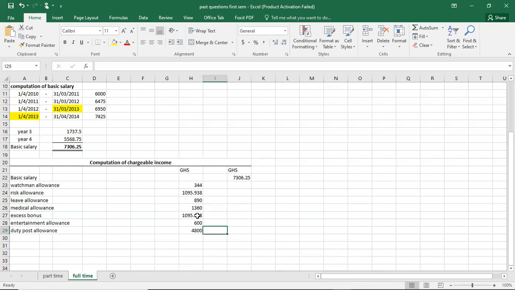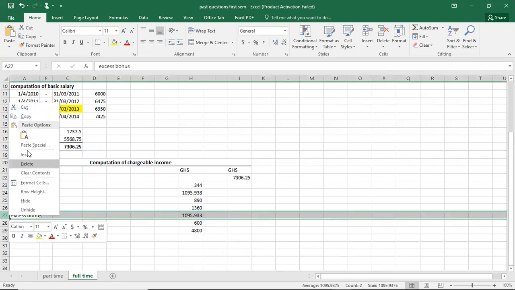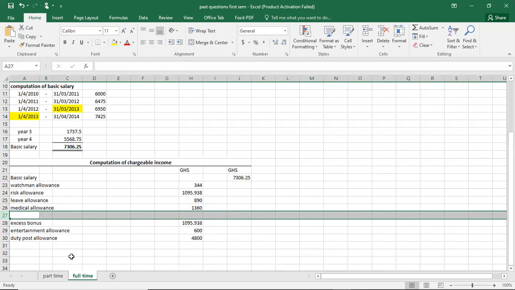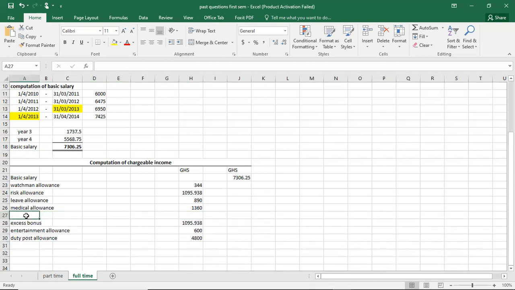Then he is entitled to a meals allowance. Meals allowance is 36 per month. So 36 by 12 will give me 432.